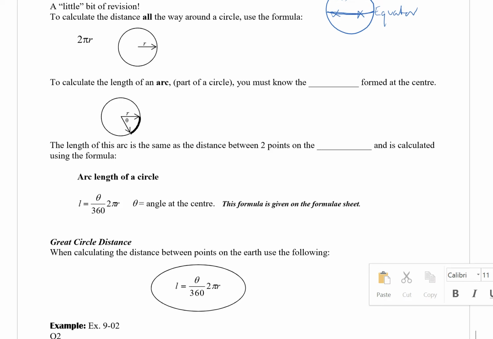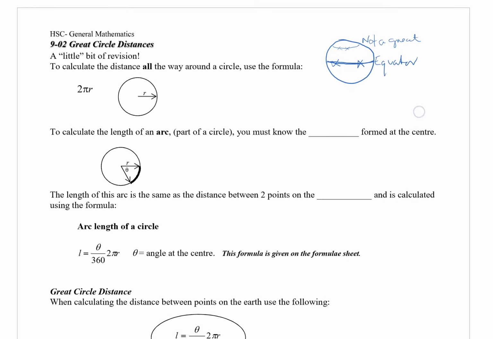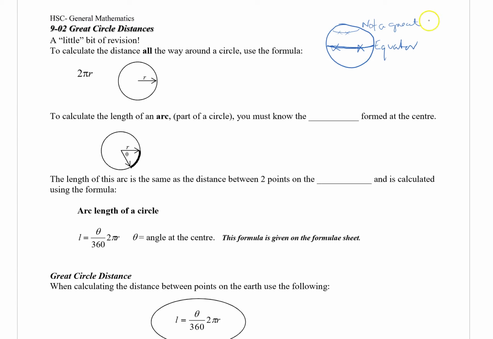So it's not a great circle. Yes, we can find distances on the equator between two places, and we do this by thinking about a circle. The equator is this imaginary circle.